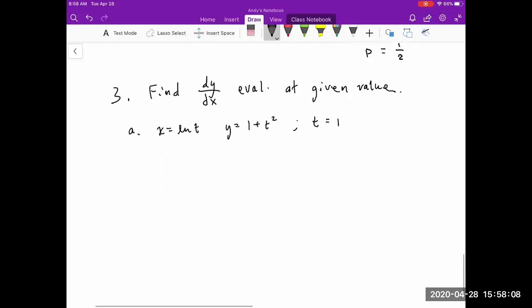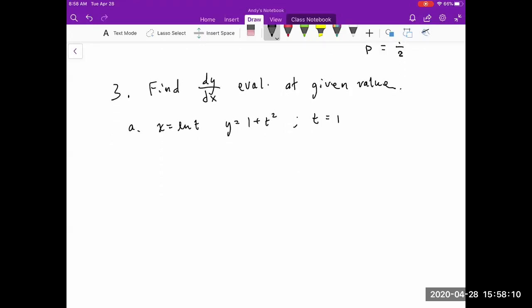So let's see. To find dy over dx, well, remember, there's actually a formula for this. dy over dx is dy over dt over dx over dt. Now, dy over dt and dx over dt are just the derivatives of those equations, y and x, respectively.